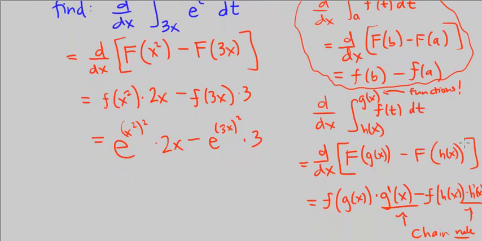Okay? So if we simplify that, that just gives us 2x, I'm just putting this in the front, times e to the, if we square x squared, that's just x to the 4th, minus, put the 3 in the front. If we square 3x, that gives us e to the power of 9x squared.